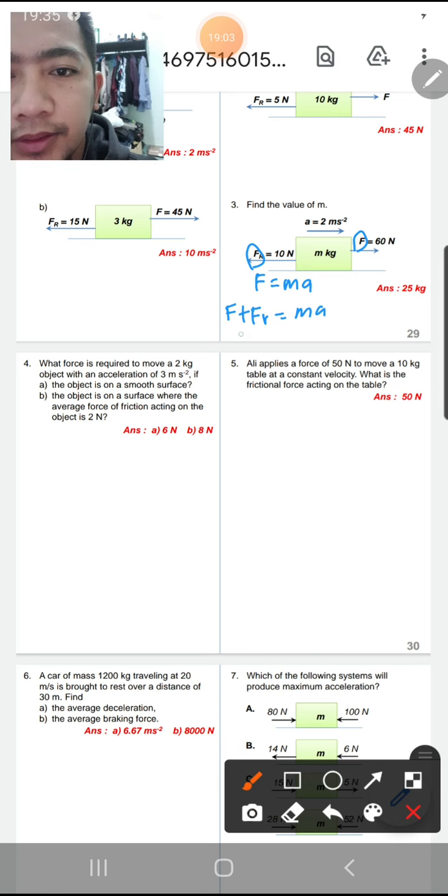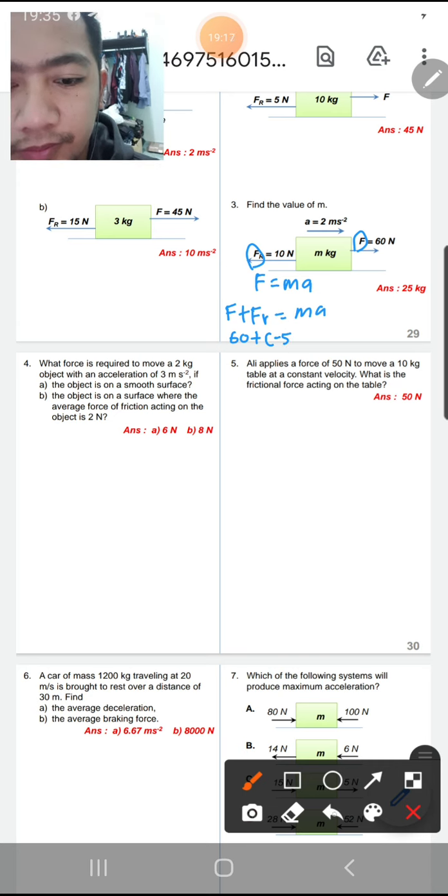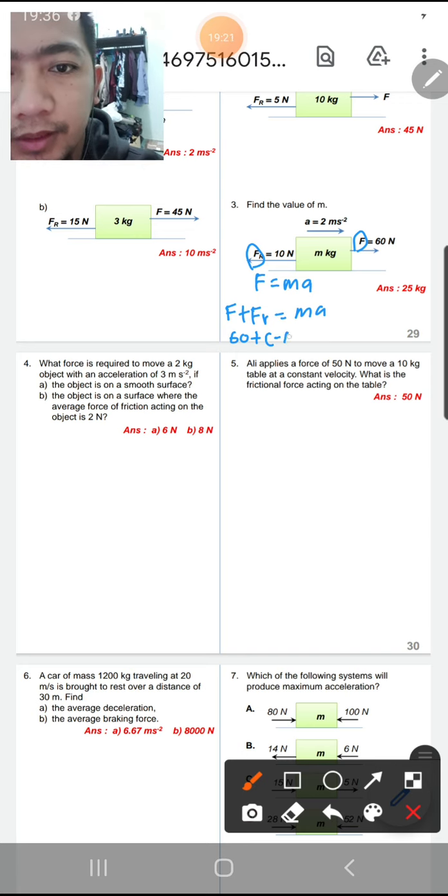F is 60 plus FR. FR is moving to the left, right? That means the direction is to the left, so negative 10. Equals ma, M times 2.